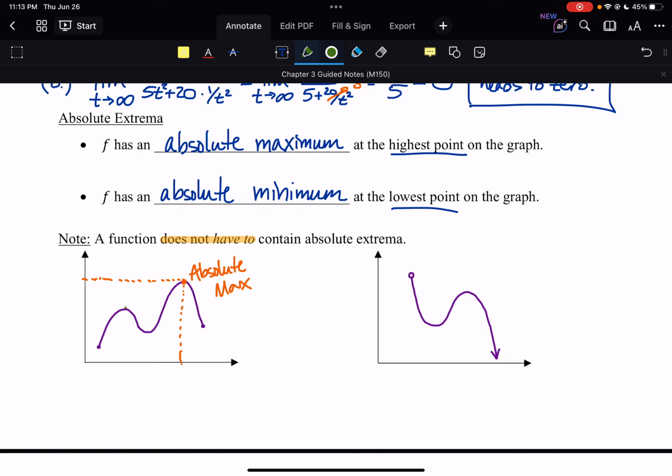And if you look at all the points on here, this graph does appear to be finite. And this endpoint down here does appear to be the lowest value, lower than anything else. So that would be our absolute minimum.